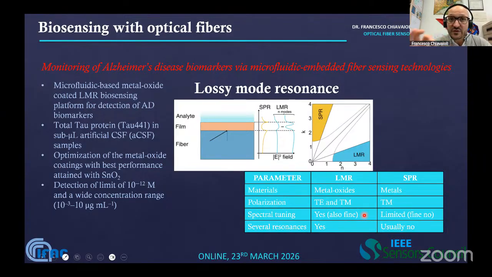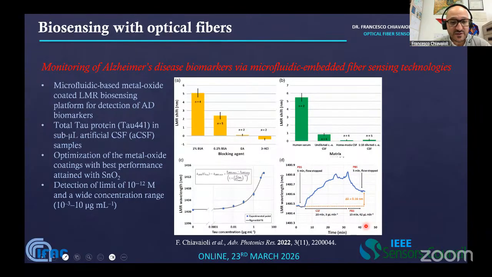The spectral position of the resonance can be tuned very broadly, from the visible to the near infrared region. And there is also the possibility of exciting more than one independent resonance within the same transmission spectrum. This is very beneficial in terms of optical fiber devices.